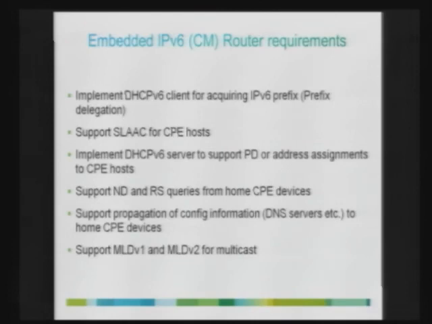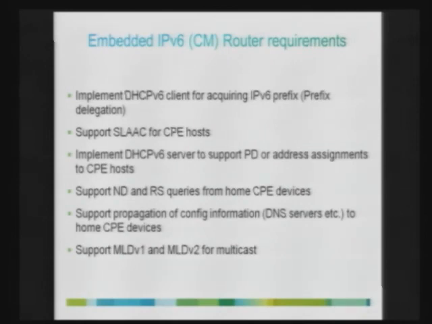And as far as the CPE router is concerned, it is supposed to support router solicitation, router advertisement, neighbor solicitation, and neighbor advertisement as well, because it is as good as any other router sitting on a link. So it has to perform all the neighbor discovery functionalities.